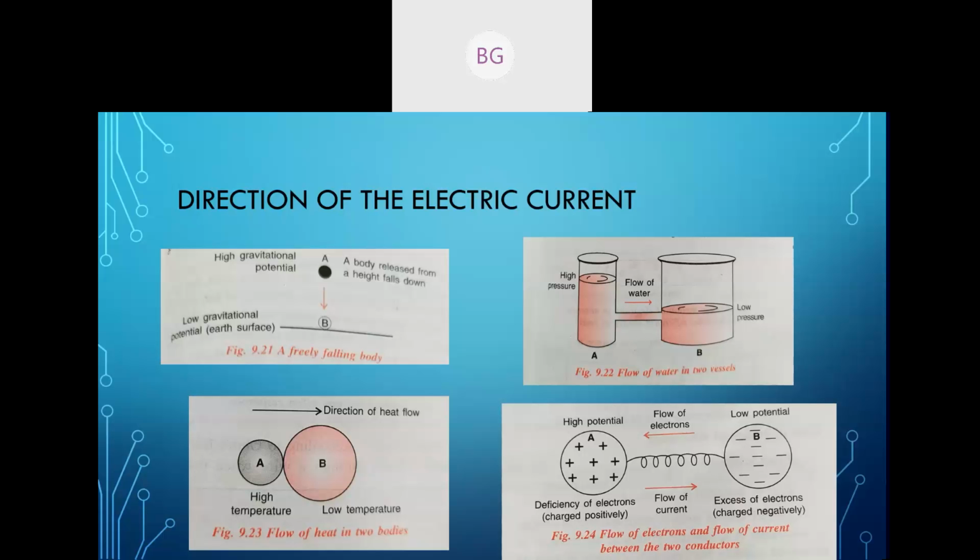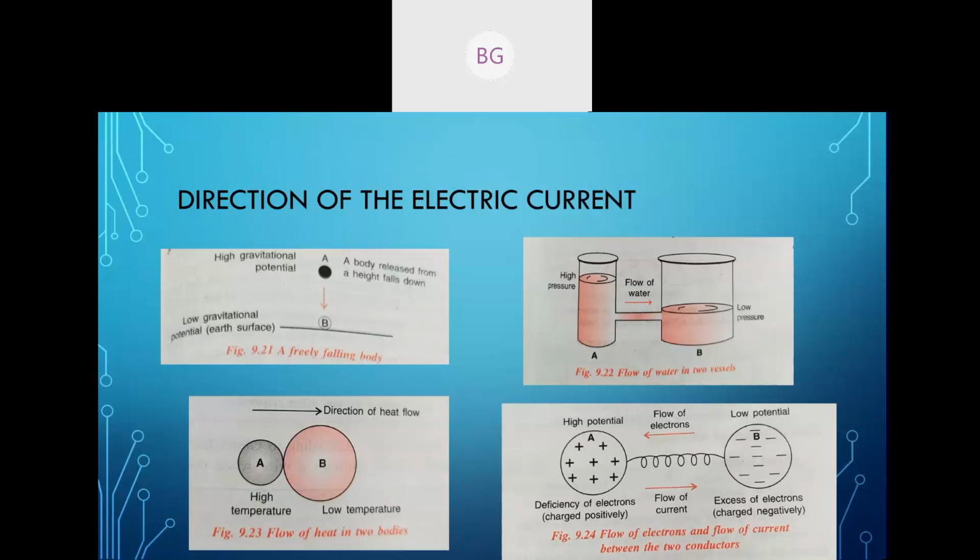Because the concentration of the liquid in A is more compared to the liquid in container B. So that shows that there is always motion from high concentration to low concentration.